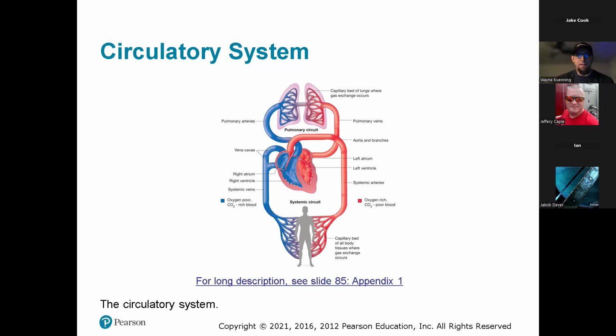And then the venous system, or the veins, minus the pulmonary vein. Sorry, losing my mind. The pulmonary vein returns oxygenated blood from the lungs to the heart to circulate to the body, whereas the pulmonary arteries take deoxygenated blood away from the heart to the lungs for reoxygenation and gas exchange.